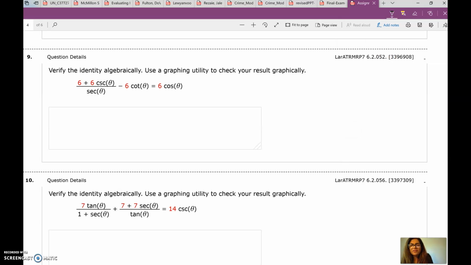Okay, let's try this. We do remember that cosecant of theta or x or whatever variable is 1 over sine.